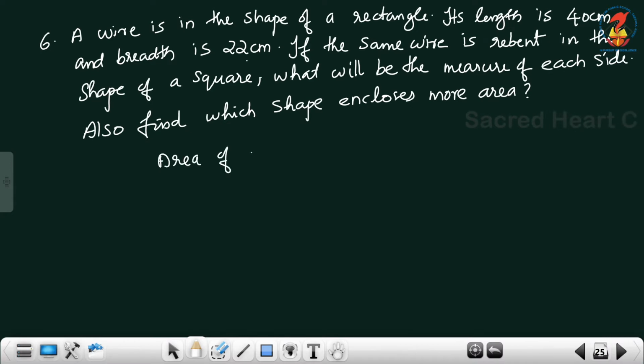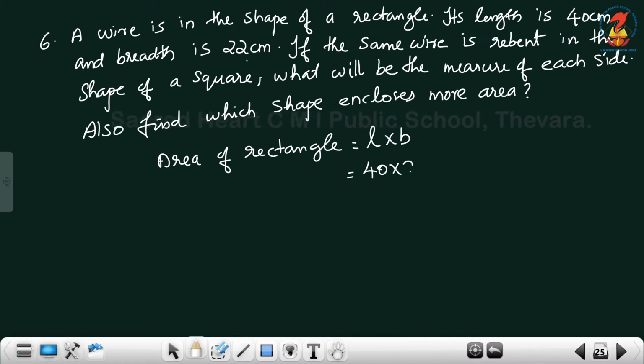Area of rectangle equal to length into breadth equal to 40 into 22 equal to 880 centimeter square.